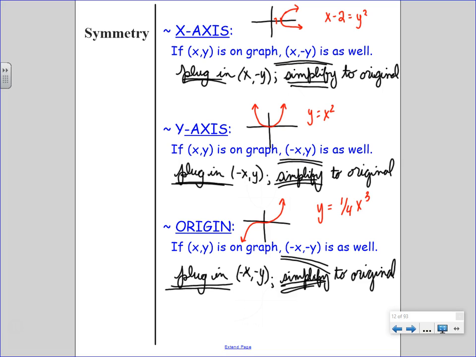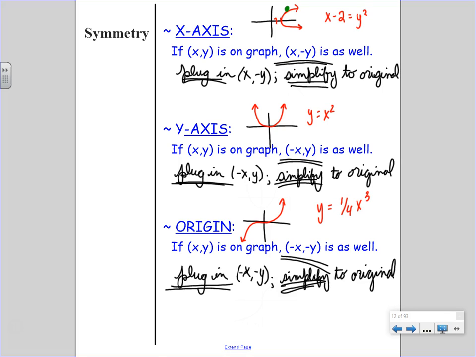Let me quickly show you why this is what it is. If both these points are on the graph, a given x, y and the same x and the opposite y, it makes sense, hopefully, or for those of you that are visual, because think about it, pick some random point on the curve.